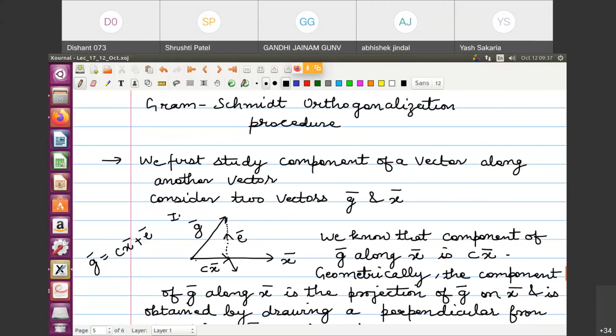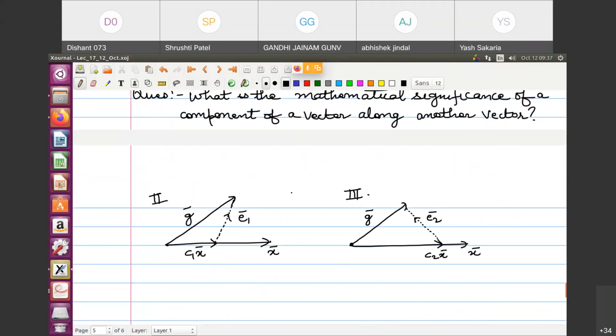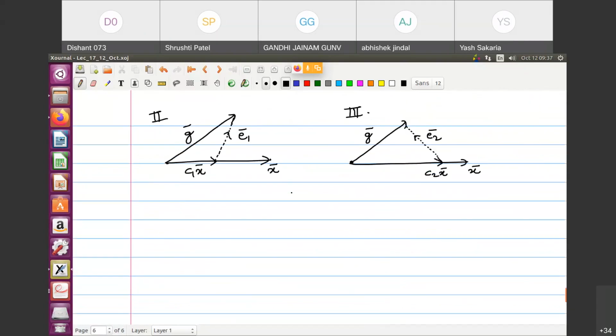So from the perspective of these three possibilities, we need to study what projection is. So these two show two of the infinite possibilities.